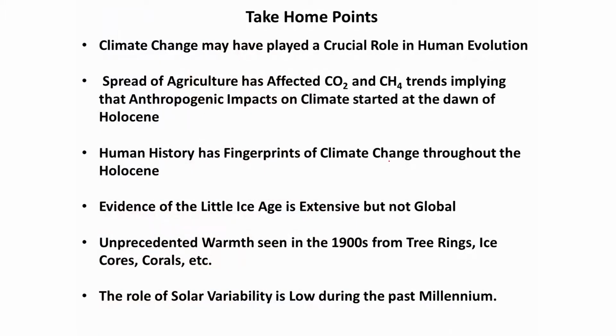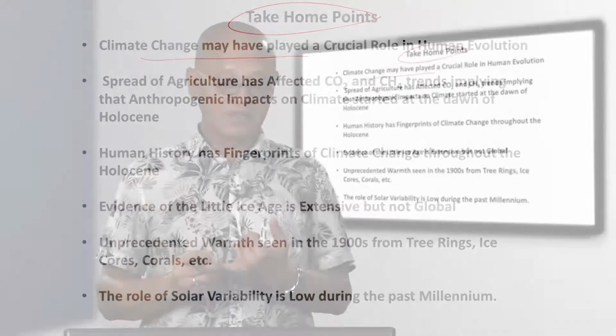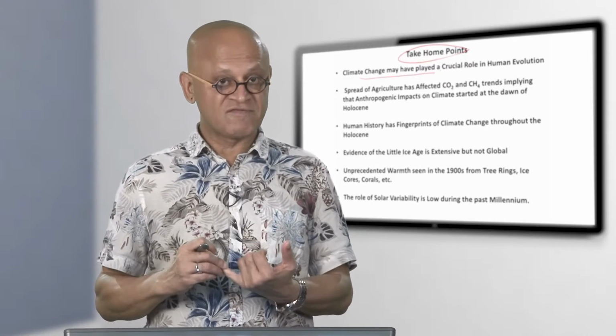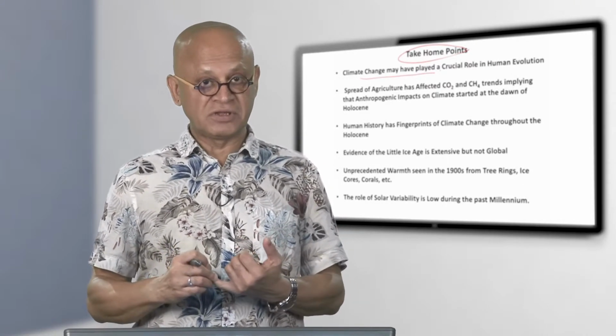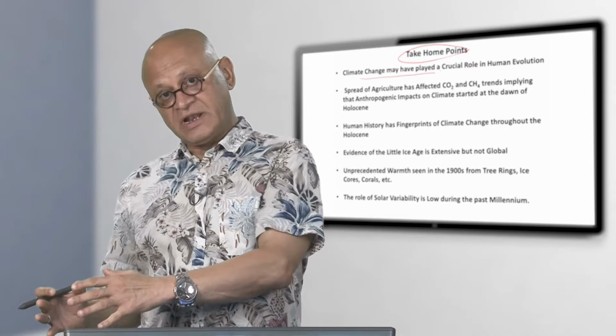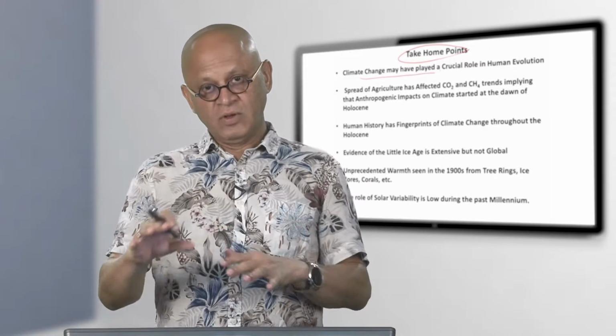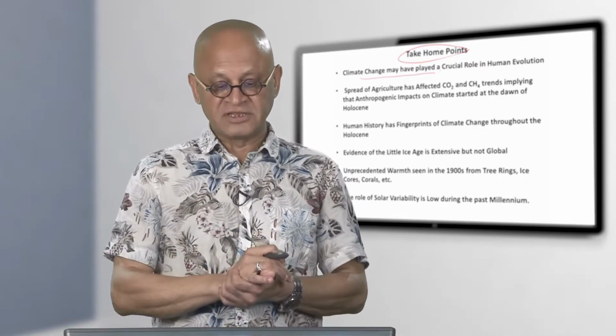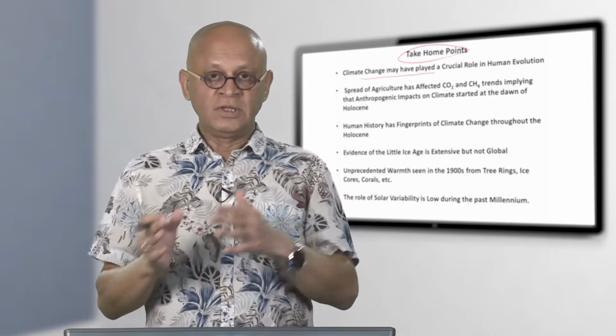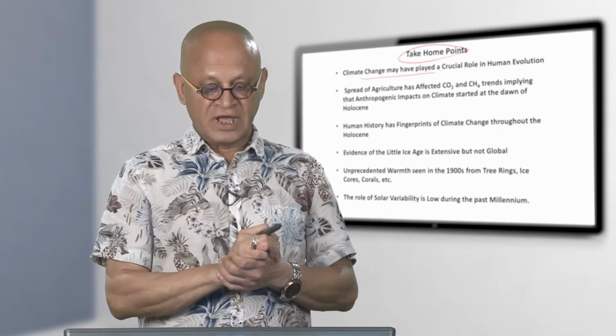So, the historical climate change, some of the take-home points: it is clear that climate change, East African aridification for example, was a major motivator for human evolution, in terms of going from quadrupedalism to bipedalism, walking on all fours like chimpanzees and gorillas do, to on two legs like we do now.